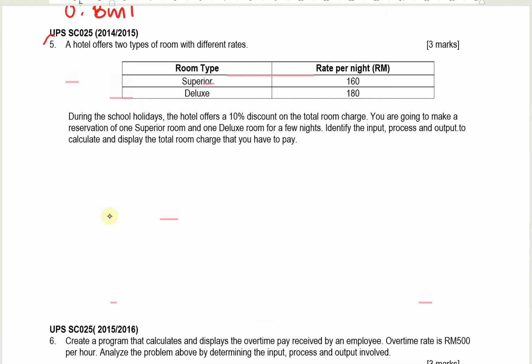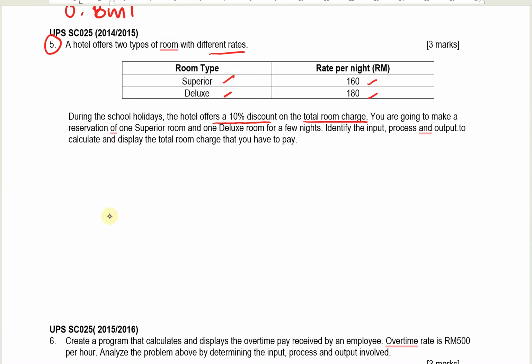So for question number 5 here, a hotel offers 2 types of room with different rates. So you have 2 types of room, that is superior and deluxe. And the rate per night for superior is 160 and deluxe is 180. Right, next, during the school holiday, the hotel offers a 10% discount on the total room charge.